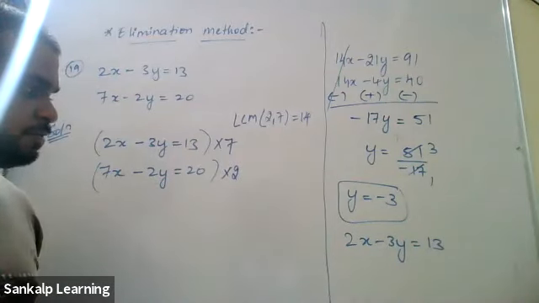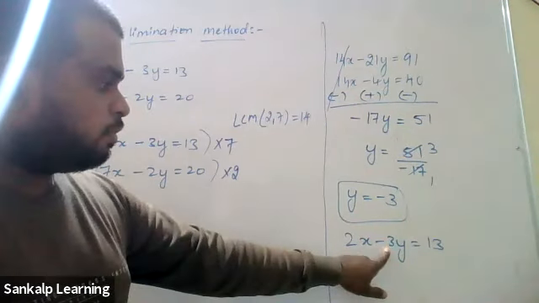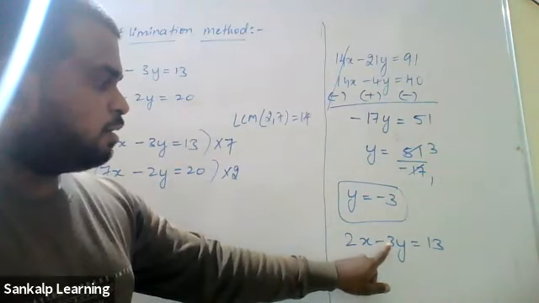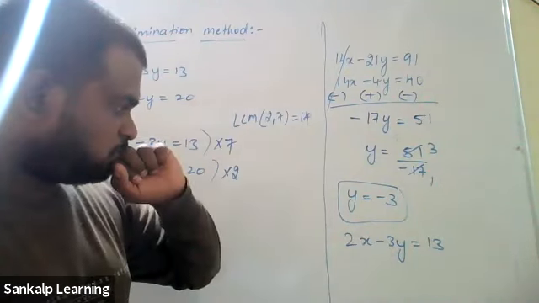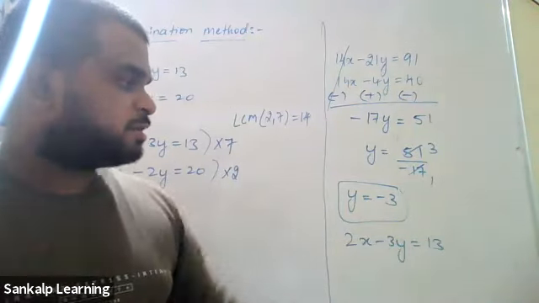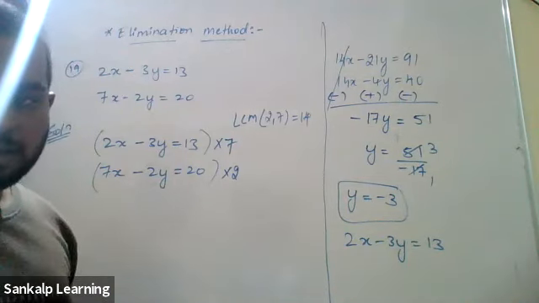Okay, let's just check it. No, x is not 11. Madhura, check it. It should be 2, I guess. Minus 3 into minus 3 is 9. Plus 9, sorry. Plus 9 goes that side, will become minus 9. 13 minus 9 is 4. 2x is equal to 4. X is equal to 2. Check it out, Madhura.